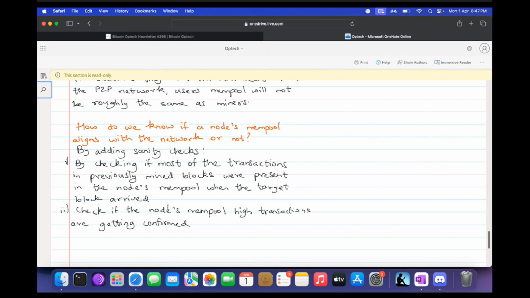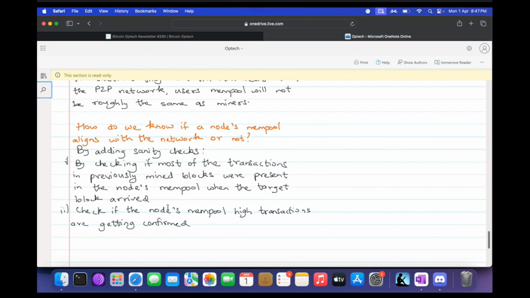Now, for instance, if you have certain configurations set which do not permit you to relay certain transactions, for instance, if you're not relaying transactions that have arbitrary data, or transactions that are SegWit, and if the major miners are relaying those transactions, then obviously your mempool will look very different compared to the miner's mempool.